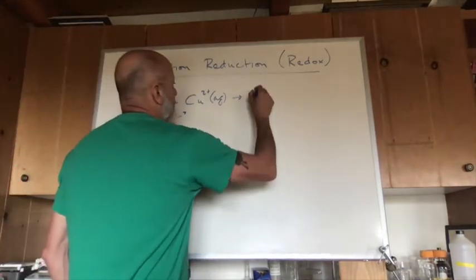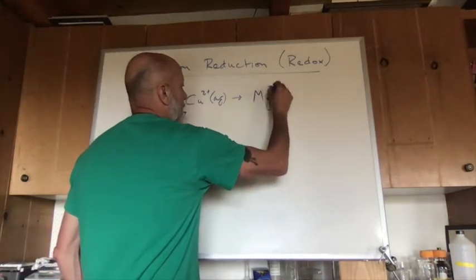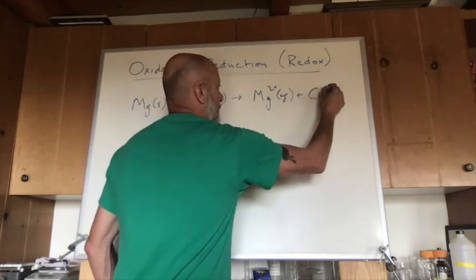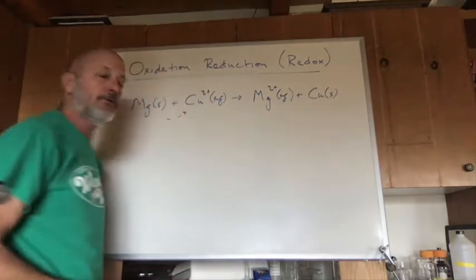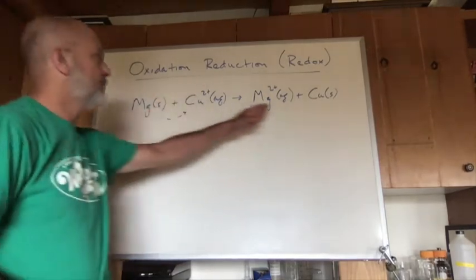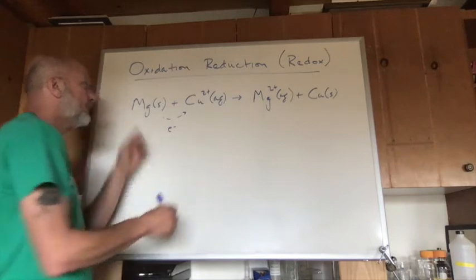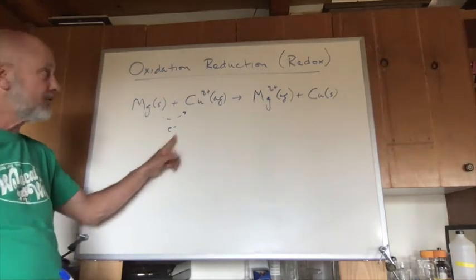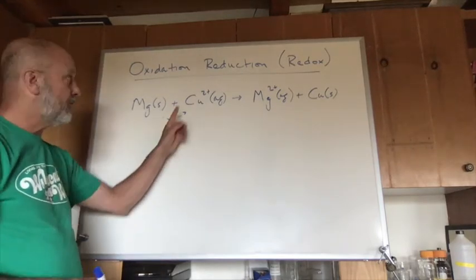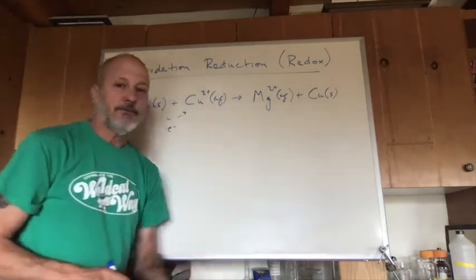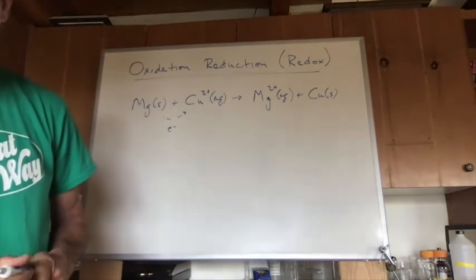In the process, magnesium now is the positive ion. Copper becomes the neutral atom. So the transfer of electrons from magnesium to copper: magnesium loses electrons, it is oxidized. The copper 2 ions gain those electrons, it is reduced.